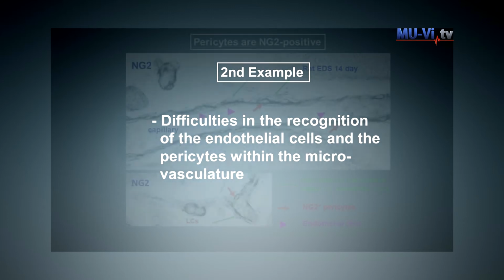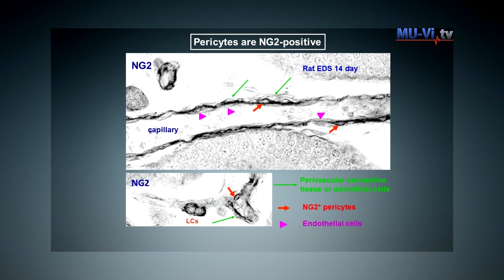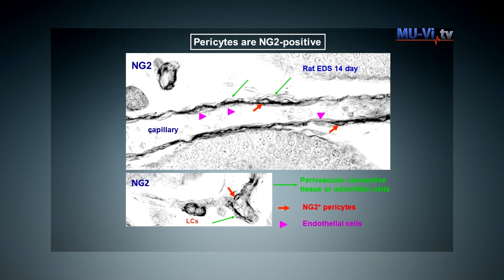You can see here also in the rat 14 days after EDS, we have stained this preparation immunocytochemically for the neuroglial protein 2, a typical marker for pericytes. And you can see that we have stained here the pericytes in the capillary wall.